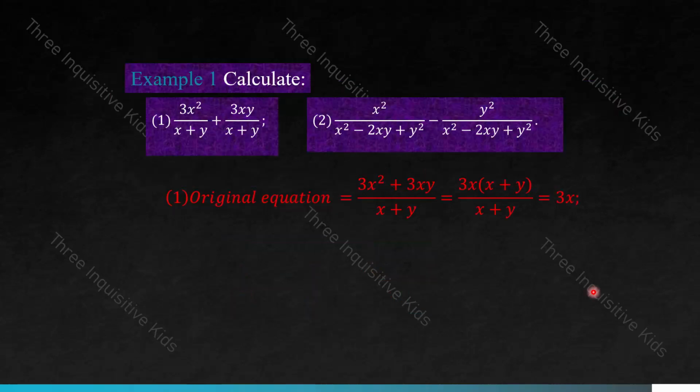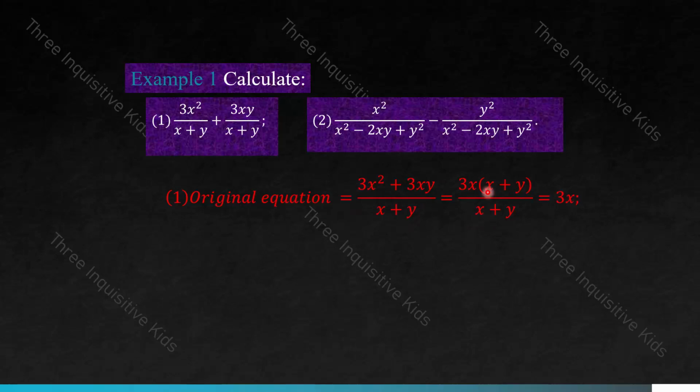Let's calculate. The first one, we already have the solution out for you. The first problem is 3x squared over x plus y plus 3xy over x plus y. Since they are already like fractional expressions, we can directly add them. The original expression is equal to 3x squared plus 3xy over x plus y.